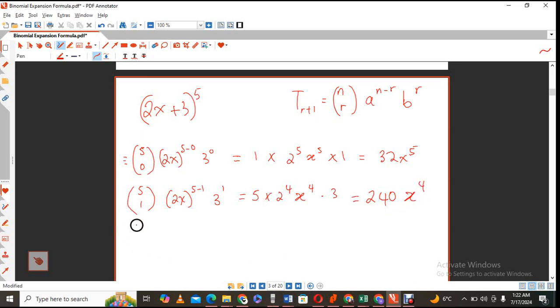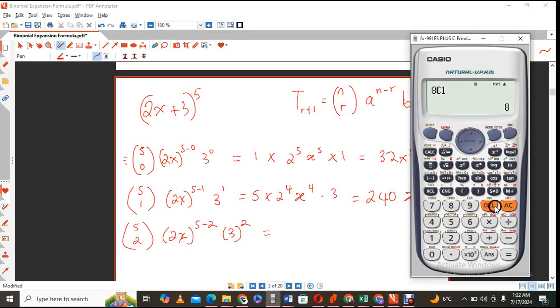And then if we go for the next one, 5 choose 2. My a value, which is 2x, is now raised to 5 minus 2, and the b value, which is 3, is now going to get that 2. So again, 5 choose 2. You can use your calculator if you want: 5 shift choose 2 gives you 10.